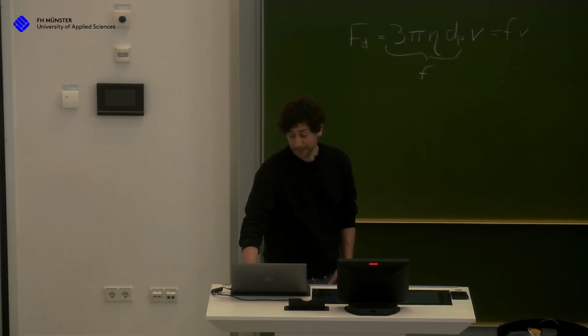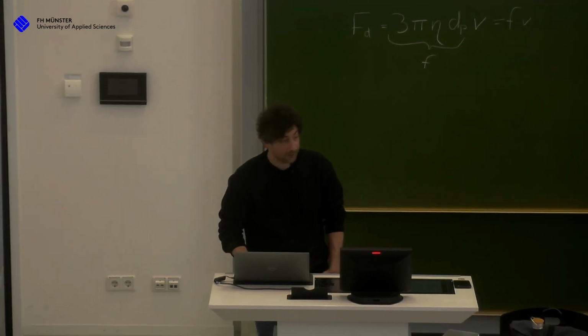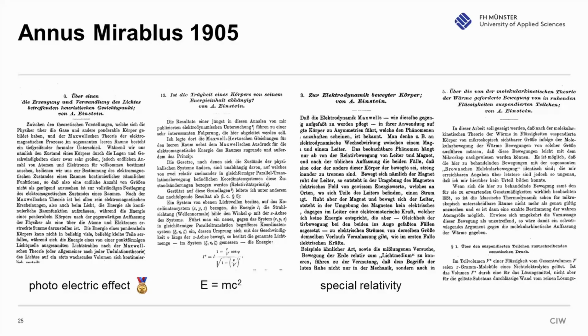So in this year, photoelectric effect, okay, basic for quantum physics, and the paper with E equals mc squared, the paper with the basics of special relativity, and the right paper is about, now you come, what is the right paper about?